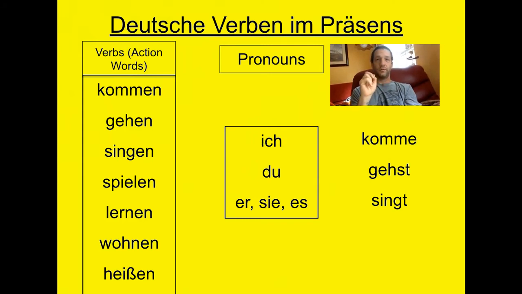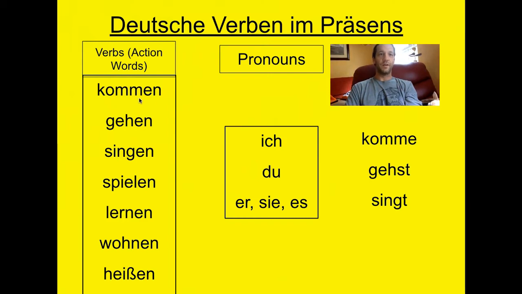Du, sie, es, he, she, it. Well, first person is I or ich. Second person is du or you. And third person is sie, es, or he, she, or it. So we're learning the first, second, and third person pronouns in German.